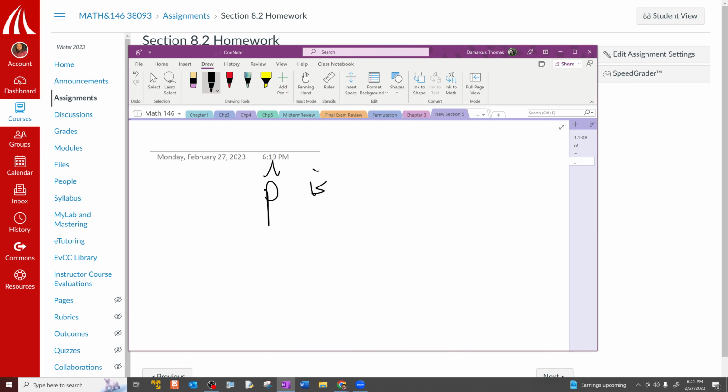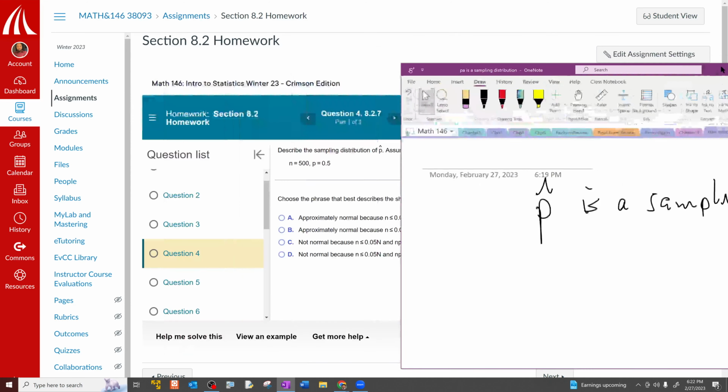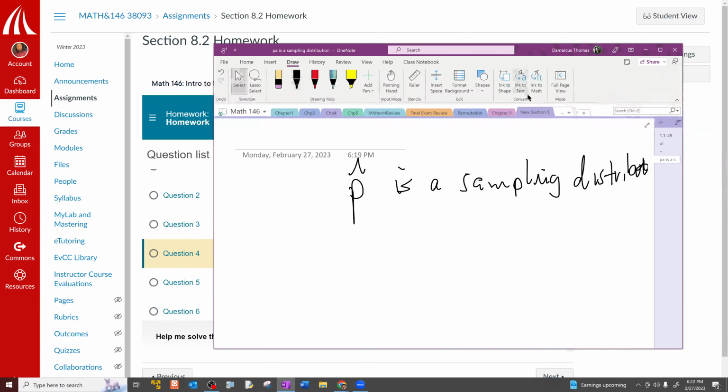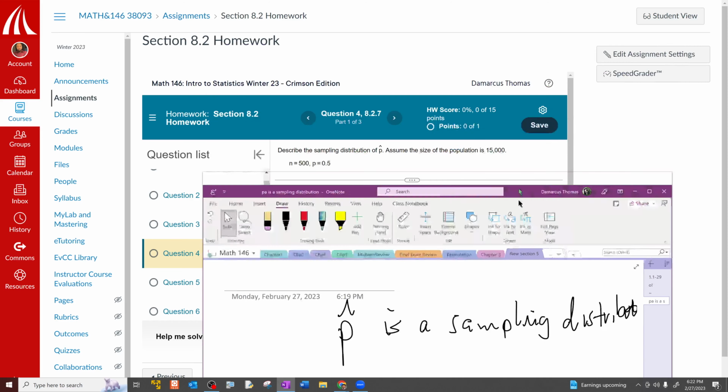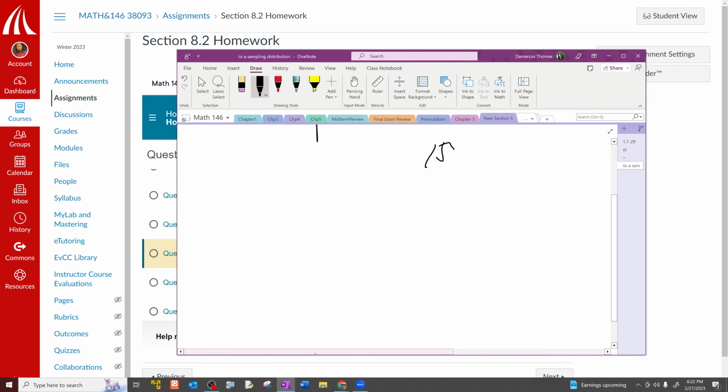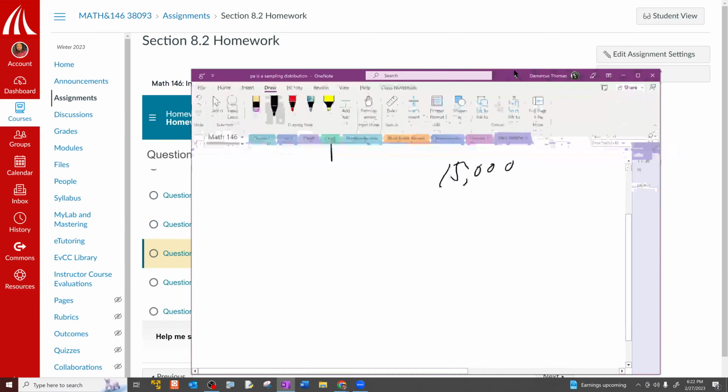P hat is a sampling distribution. Now, let's say we have a huge population of 15,000. And let's say out of the 15,000, the population proportion is exactly 50%.